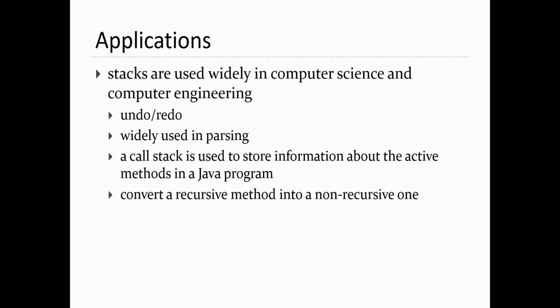If the main method calls another method, that method gets pushed onto the call stack. If that method calls another method, it pushes that other method onto the call stack. When a method returns, the method comes off the call stack. All the information that the runtime needs to know about a method gets stored on the call stack.